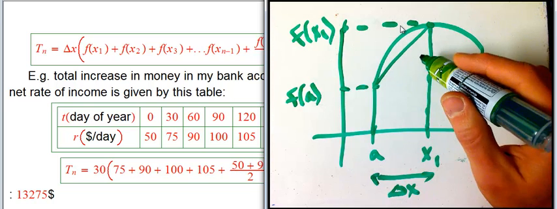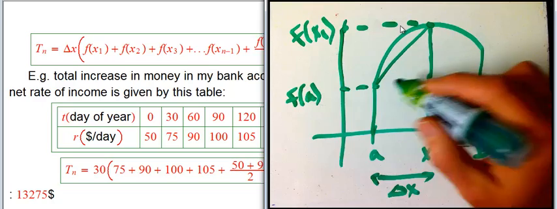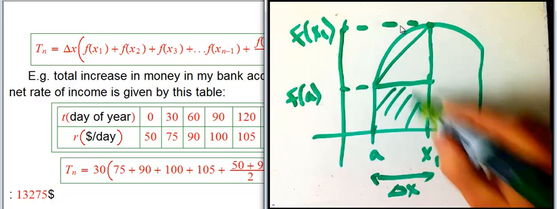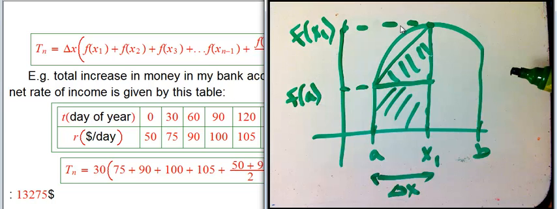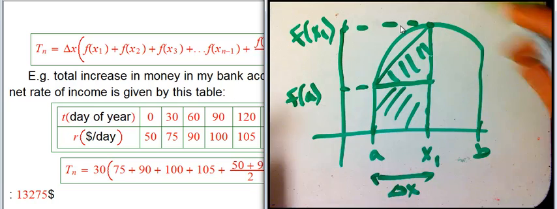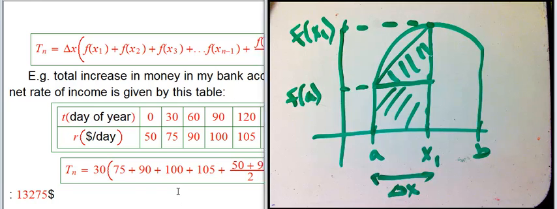The area of this trapezoid is just a rectangle and then a triangle on top. Let me put it over here since I've got the room.